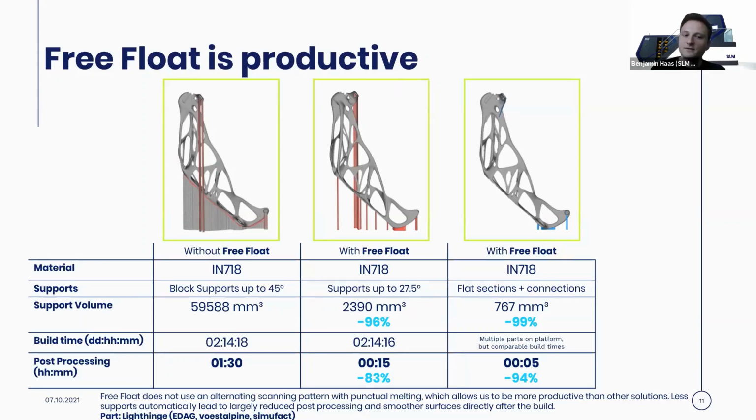As I said, this is the first version of FreeFloat where this sort of manual consideration of supports is necessary. We're already working on a solution which uses two approaches: on the one hand we're considering simulation, and on the other hand we're using the part information that the part already has, in order to add supports only where they're needed.